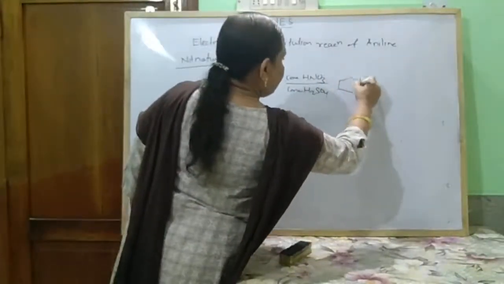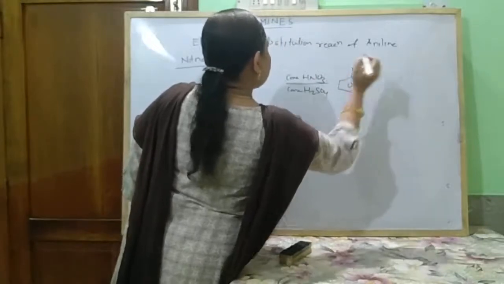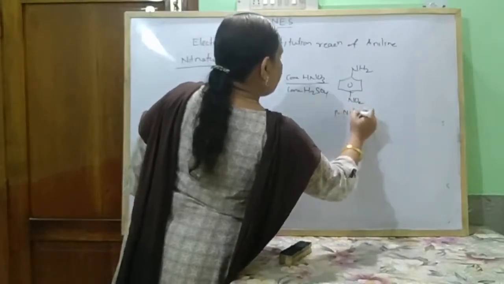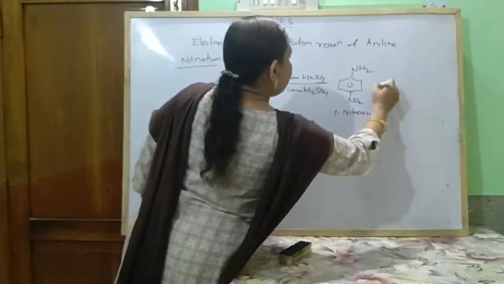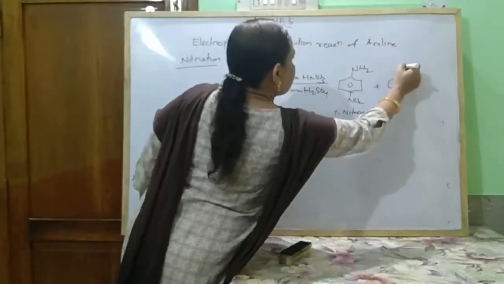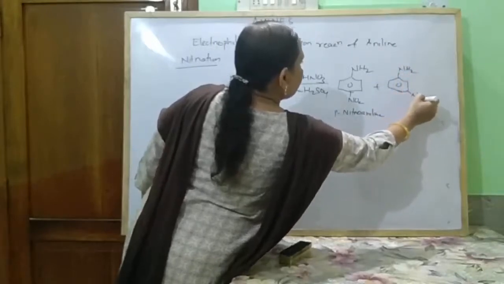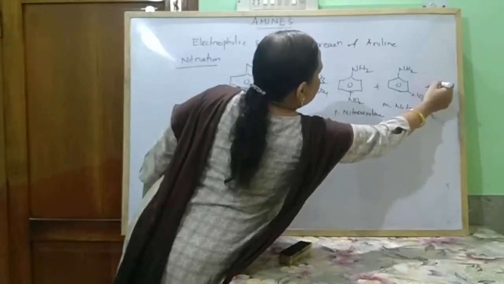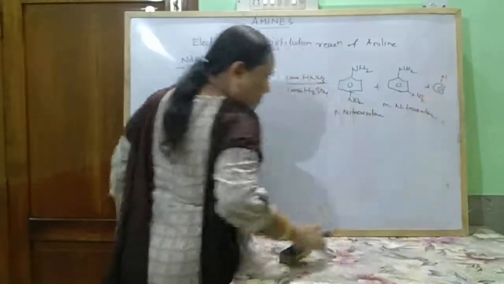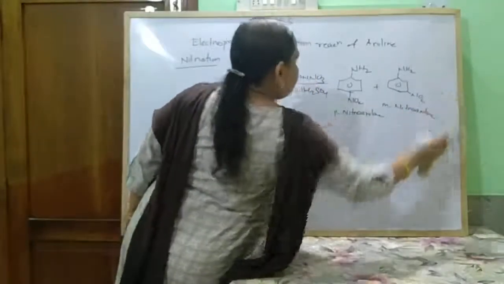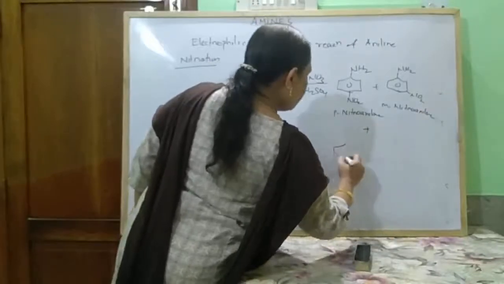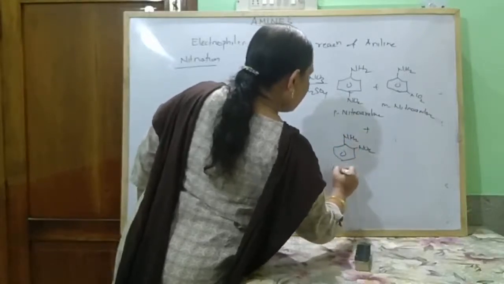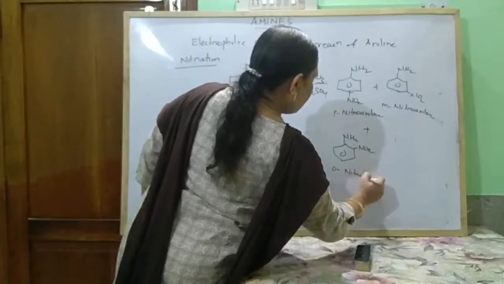ortho-nitroaniline. So actually when this is treated, it gives NH2, NO2, this is para-nitroaniline, plus NH2, NO2, m-nitroaniline, plus NH2, NO2, o-nitro, ortho-nitroaniline.